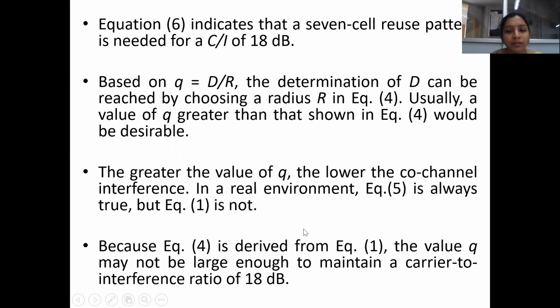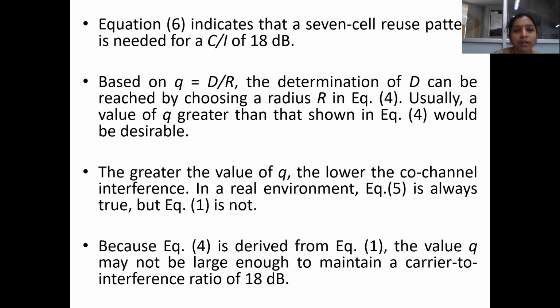The main thing we have to remember is that the carrier to interference ratio should be 18 dB or greater for receiving the signal strength at the receiver side. Only then can we say that the cell is in the coverage area and we will be able to receive the call.